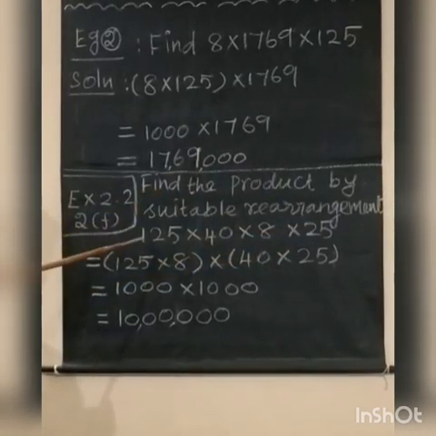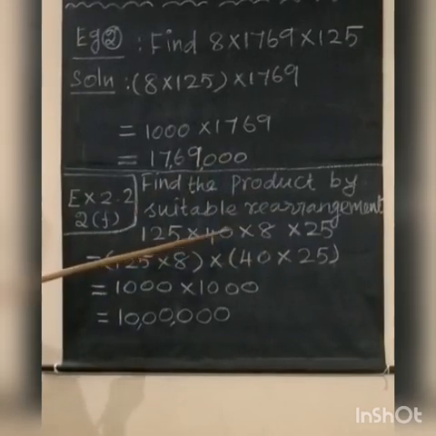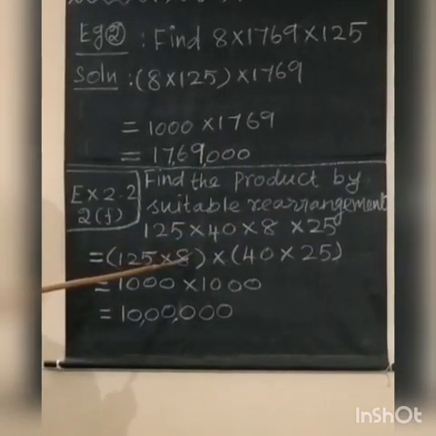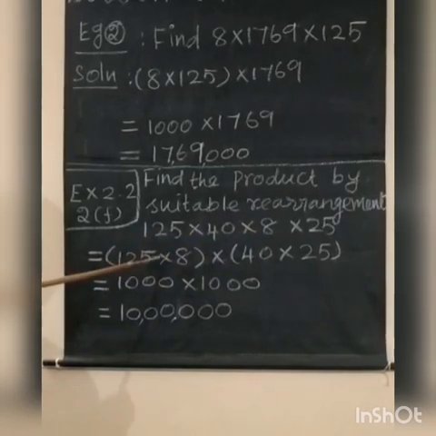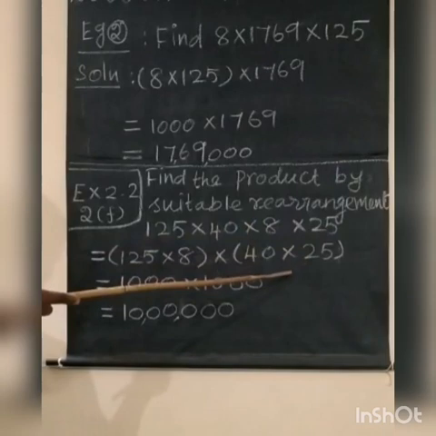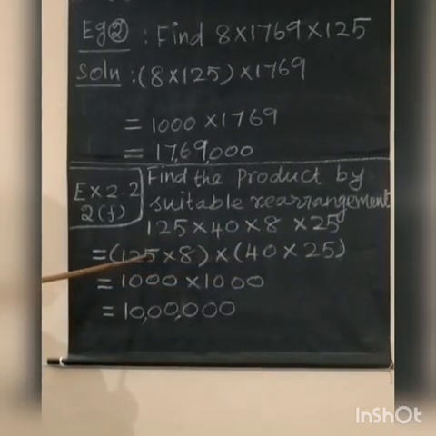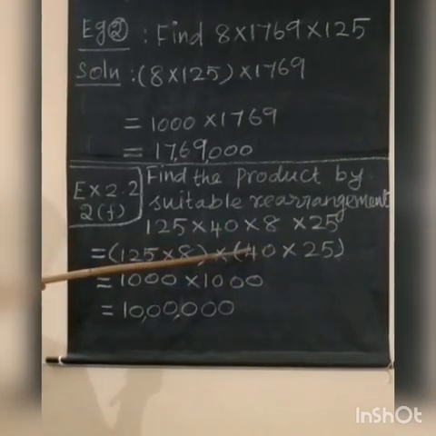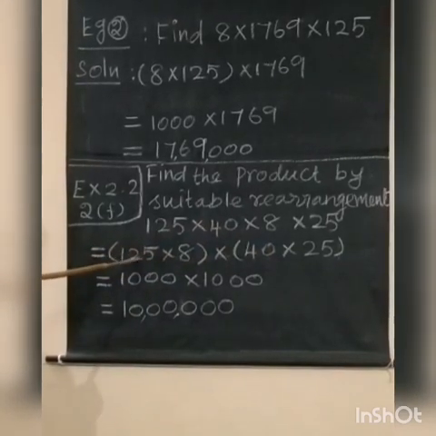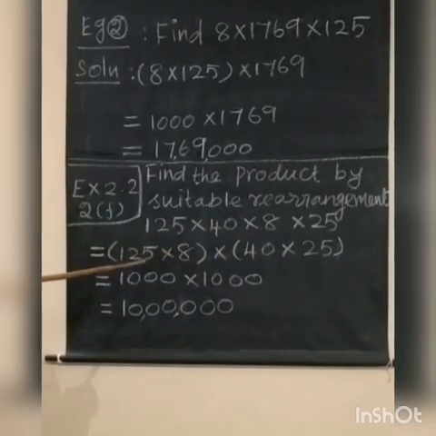Here we are getting the numbers 125 and 8. 125 into 8 is one group, and another group is 40 into 25. The two groups are here. Then multiply. 125 into 8 is 1000.